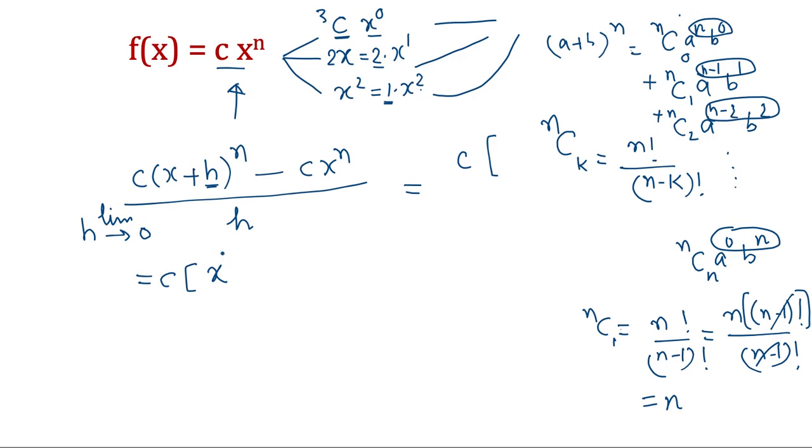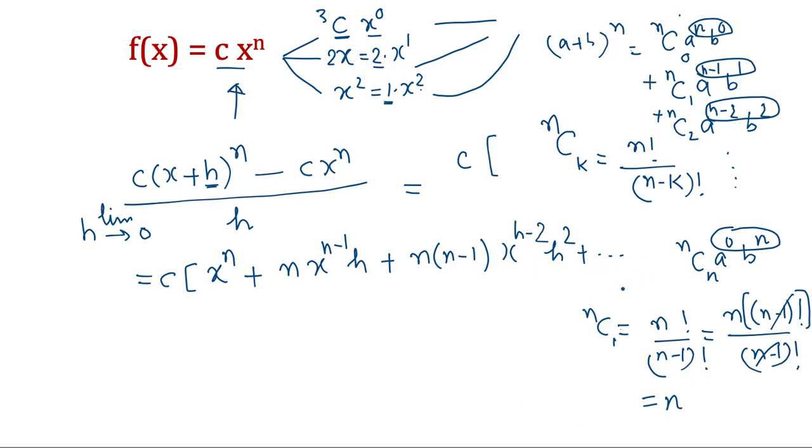So this becomes x raised to the power n, since C(n,0) is 1, and h to the power of 0, anything to the power of 0 is also 1, plus n times x^(n-1) h plus C(n,2) x^(n-2) h squared, and the power of h is increasing.